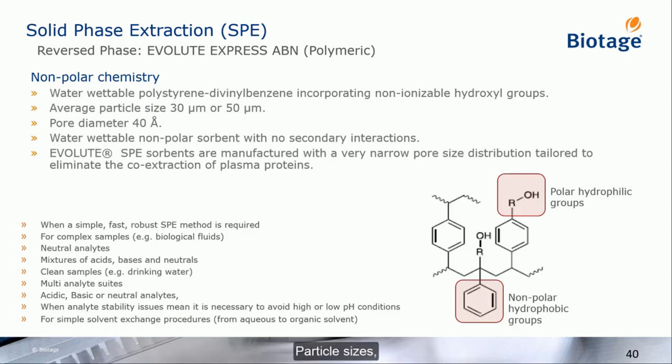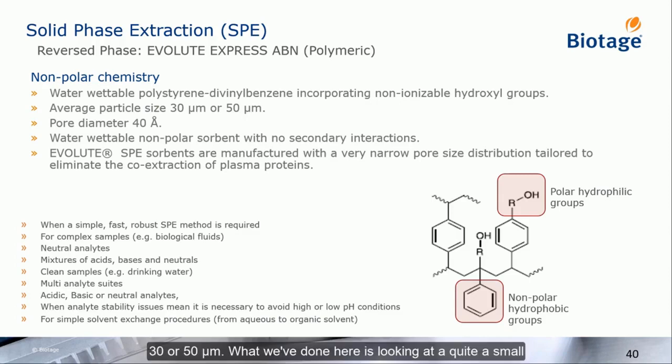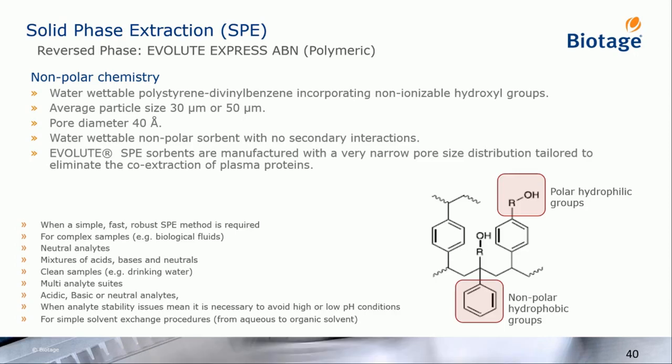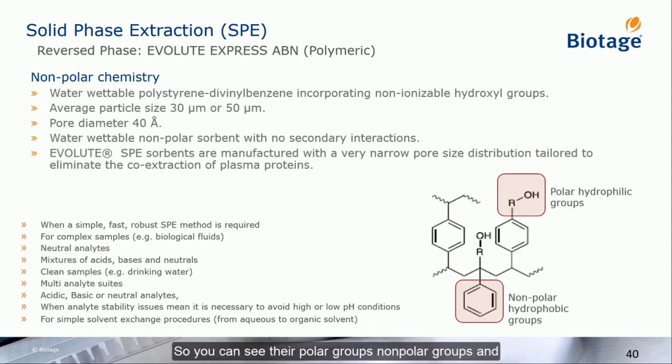Particle sizes 30 or 50 micron. What we've done here is look at quite a small targeted pore size distribution of around 40 angstrom, and that's to exclude a lot of the larger molecular weight interferences such as proteins. So you can see there polar groups, non-polar groups, and the ABN part stands for acids, bases, or neutrals.